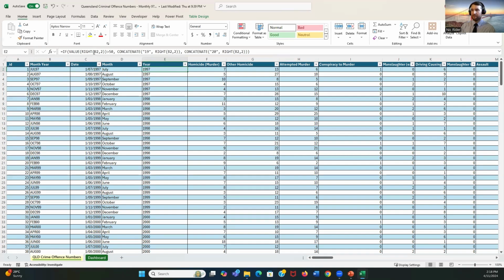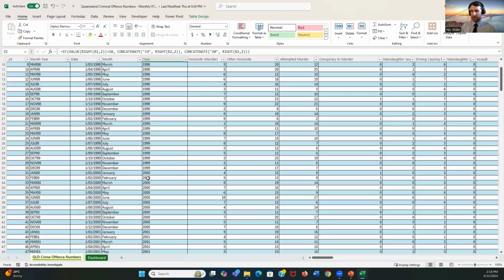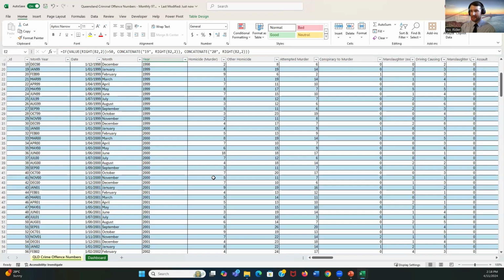And then we've used here an if value with some concatenate. So we've taken from the right to get the year into 1997. We had to put a 20 in there because once you get to 2000, you can't just keep putting in 19, because you'll get 1900s for the 2000 and 1901.